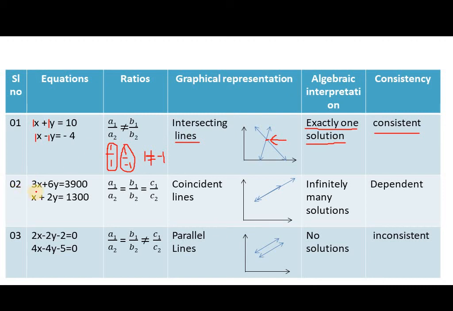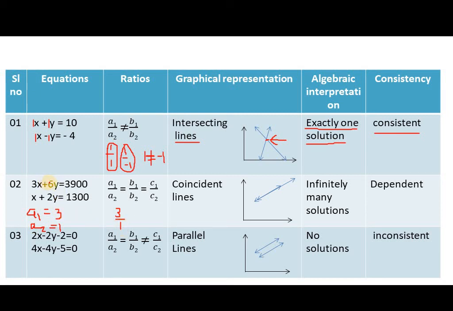Similarly, in the second case, here a1 is 3 and a2 is 1. So a1 by a2 is 3 divided by 1, which is 3.